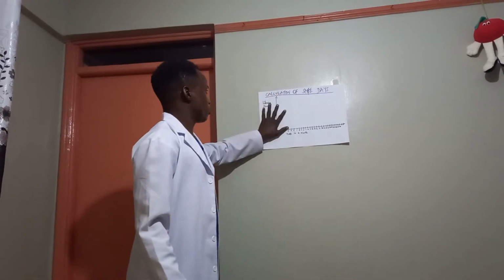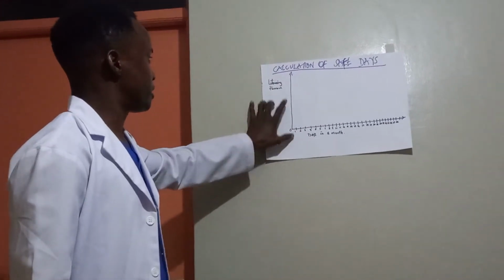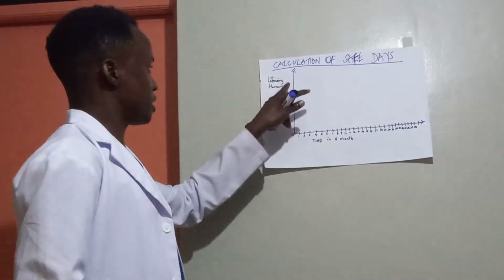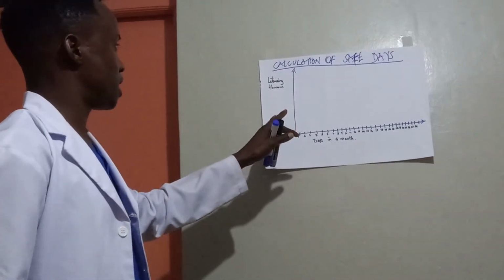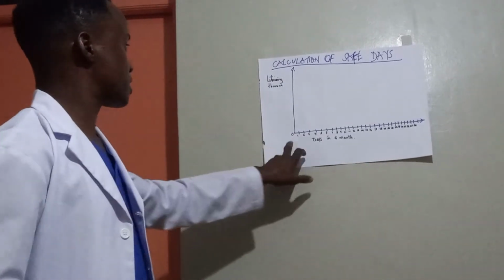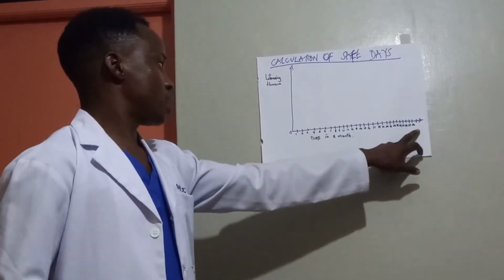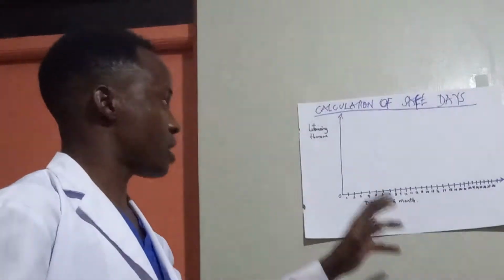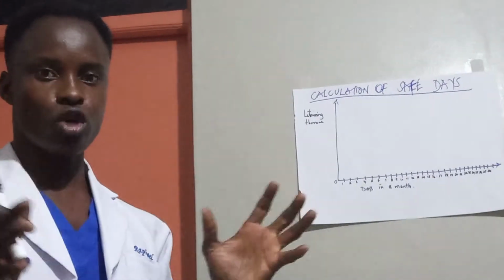Now here we have a graph. I'm going to explain this using this XY graph, where on the axis we have the number of days in a month. And remember, here we are dealing with women with regular menstruation.